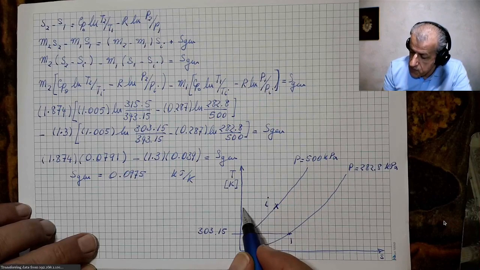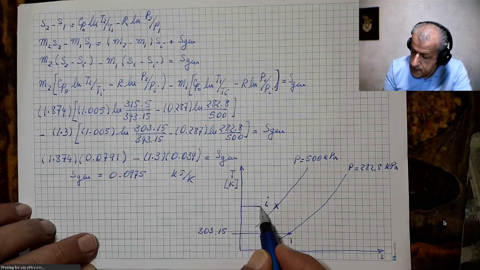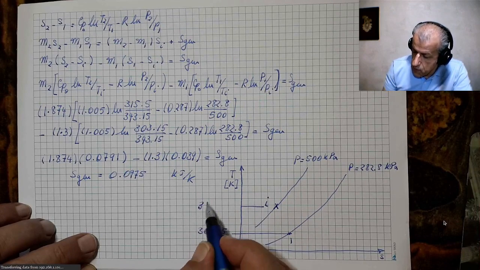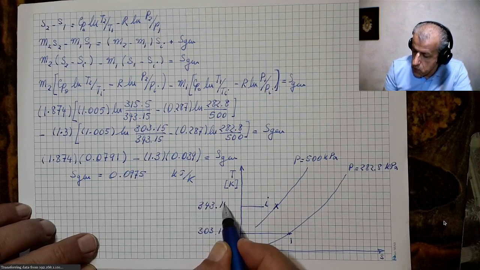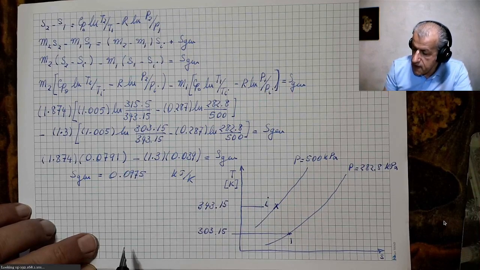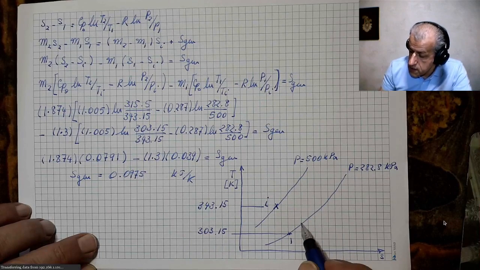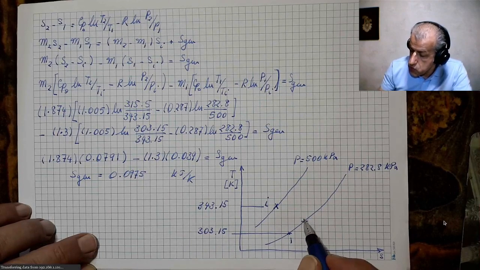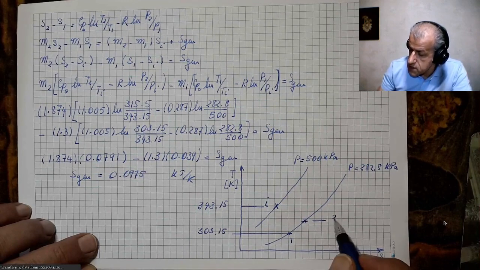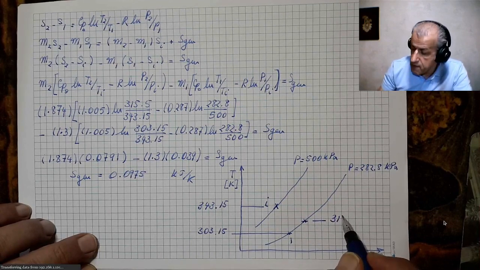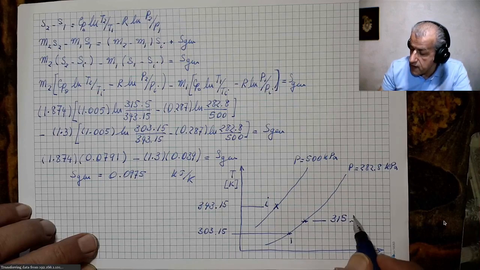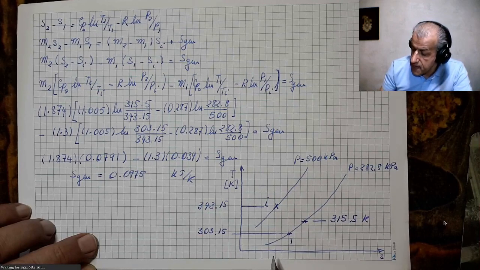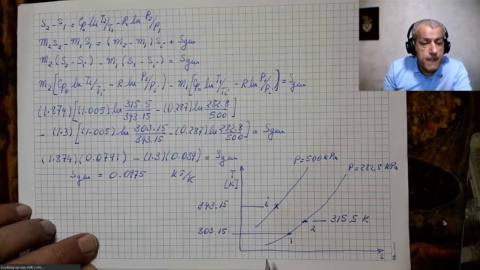The temperature for I is 343.15, and we know the temperature for 2. The temperature for 2 is somewhere in between. It is 315.5 kelvins, and so this is point 2.